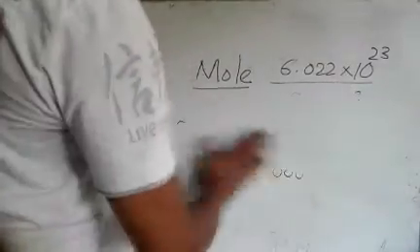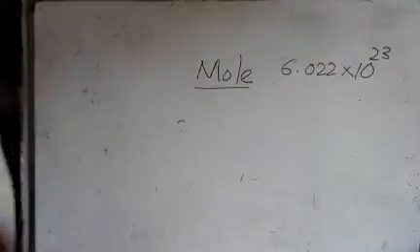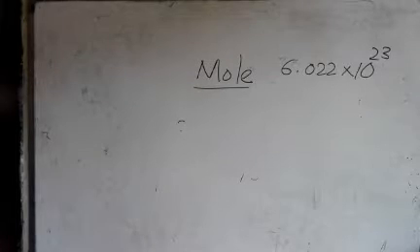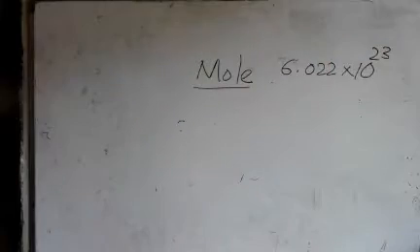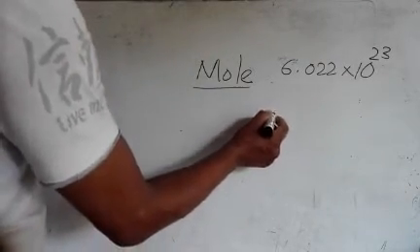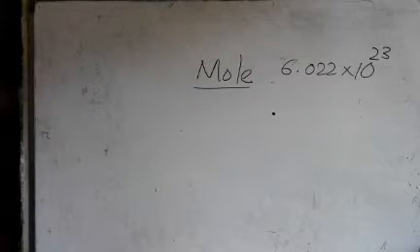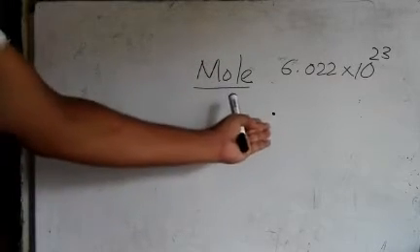So we use mole to measure the number of particles like atoms, molecules or ions. One mole means 6.022 into 10 to the power 23 atoms, or ions or molecules. It's fair to use because if you draw a dot like this, it contains millions of carbon atoms.